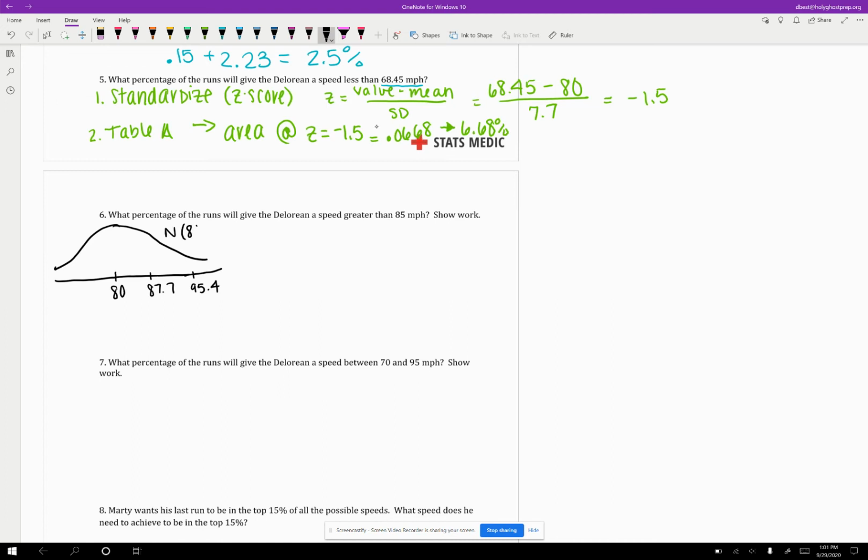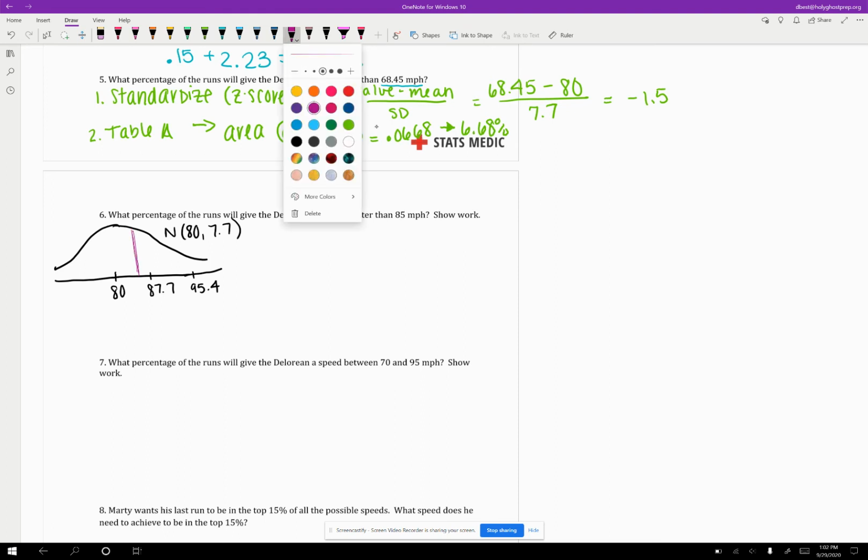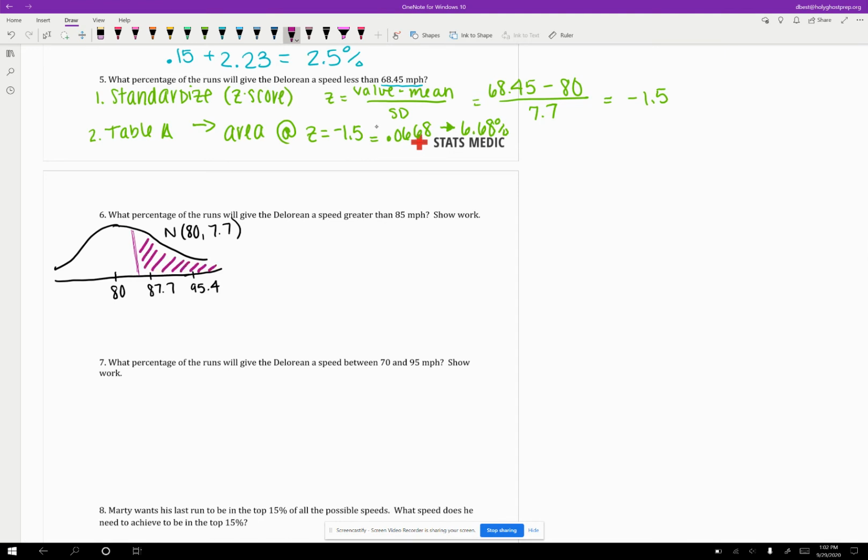So N would be mean of 80, standard deviation of 7.7. And I am looking for 85 miles per hour. So that's going to fall out here-ish. And we want everything that is greater than 85 miles per hour. So I'm looking for the area under my curve to the right of 85 miles per hour.